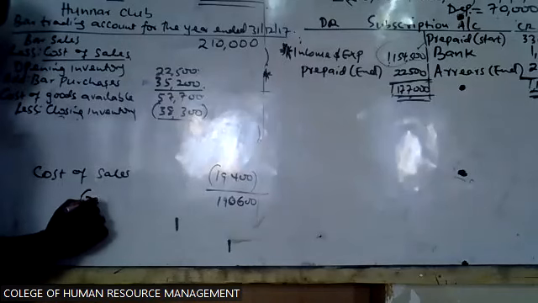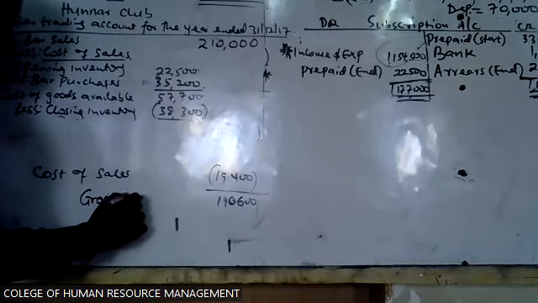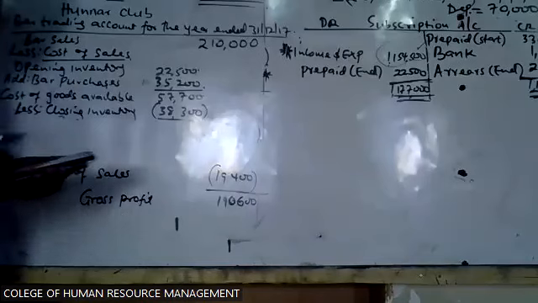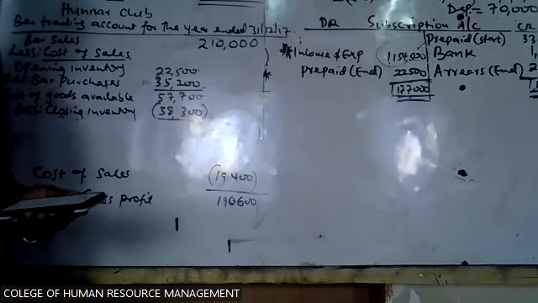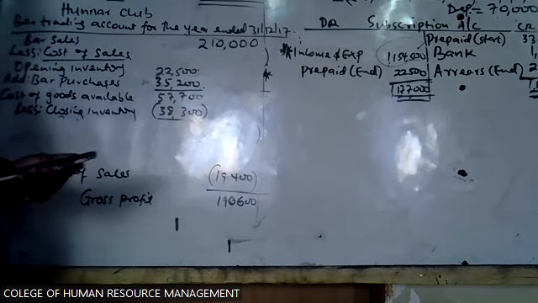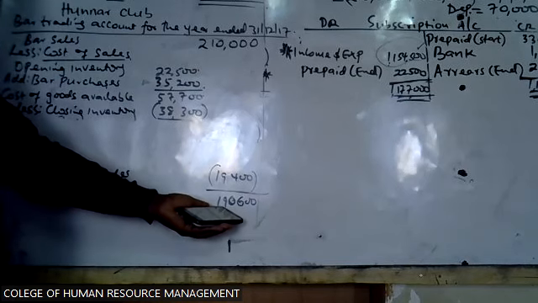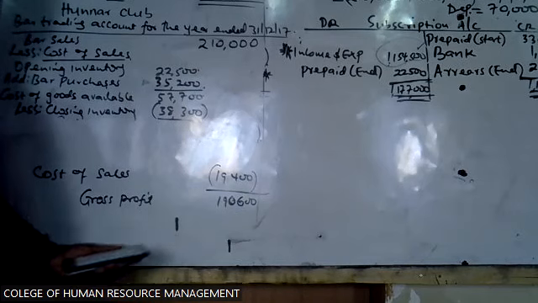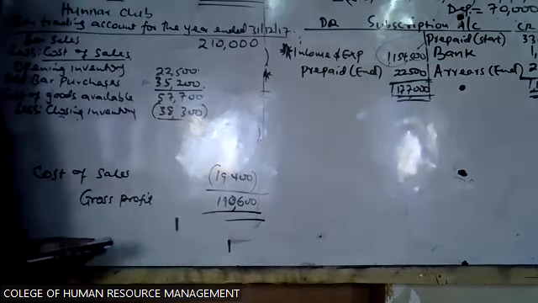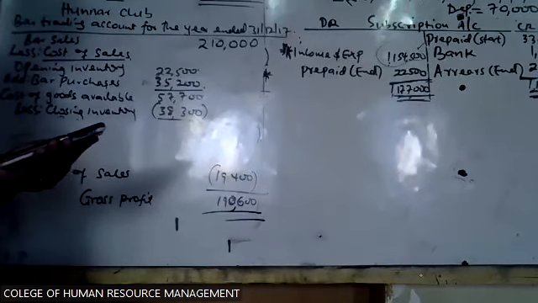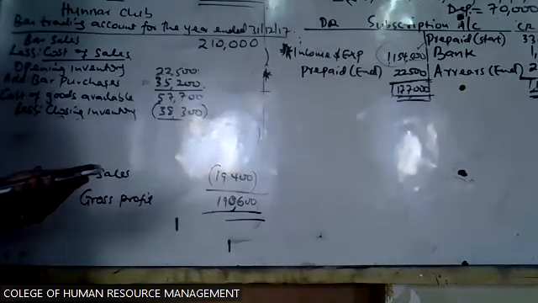That is your gross profit. I don't know whether we have got any bar expense. We don't have. If you look at the payment side, you can find salary to the bar waiter, you can put it here as a bar expense. But when you don't have this, the gross profit we shall take as income in the income and expenditure.